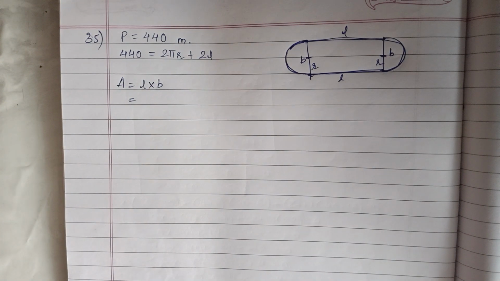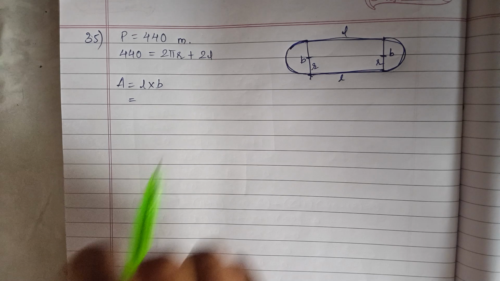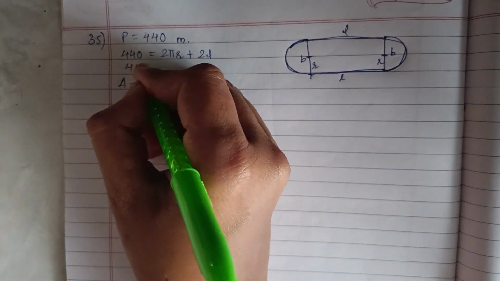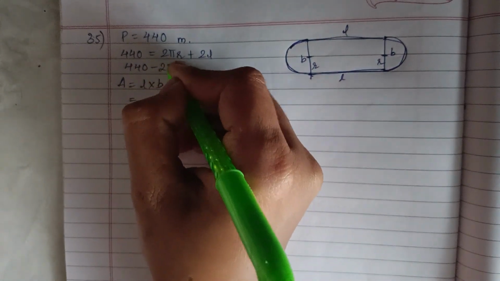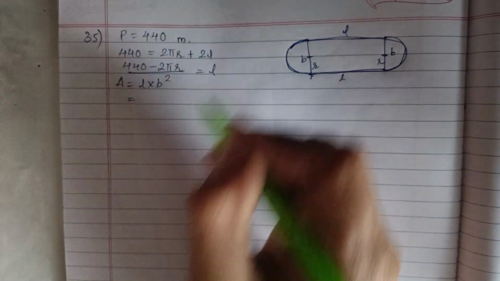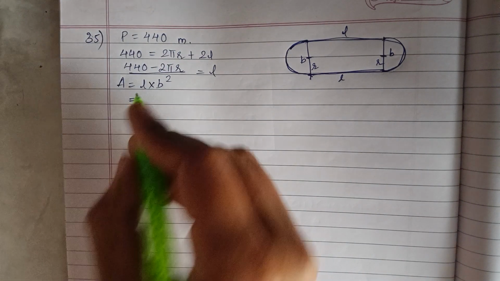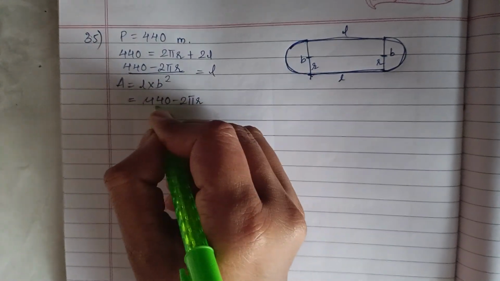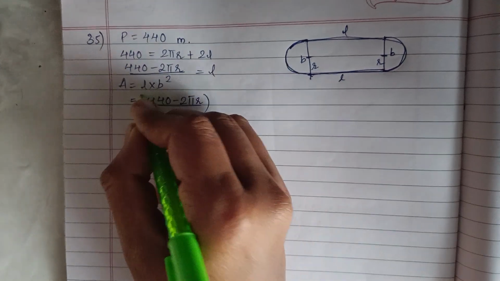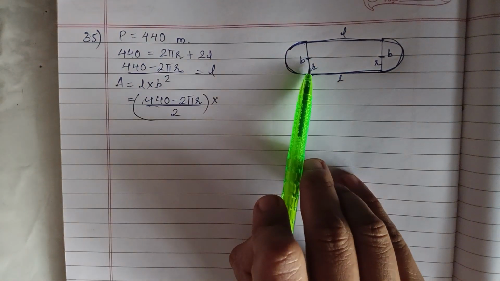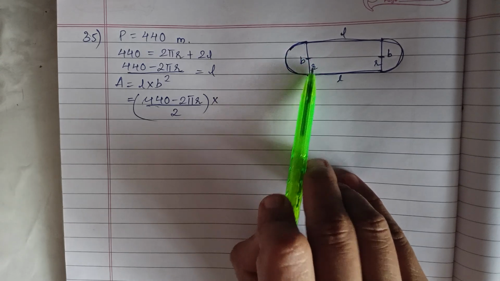So we can substitute here the length from here, correct? So (440 minus 2 pi r) divided by 2 will be the length. And breadth also we can write in terms of r, that is, this breadth is 2 times r.